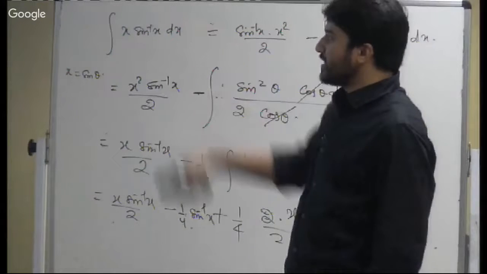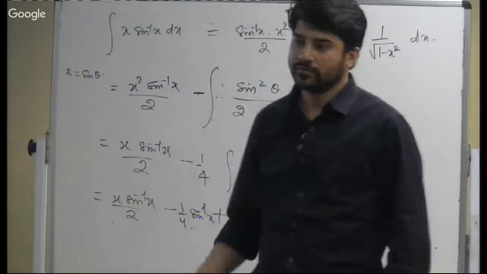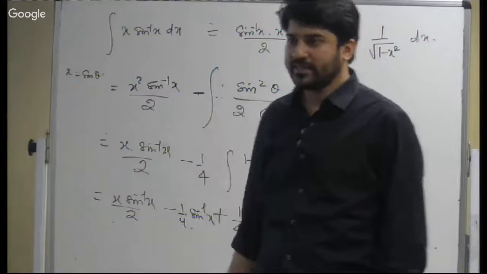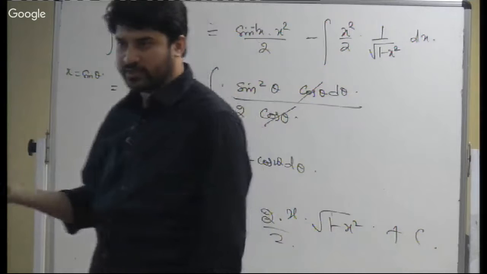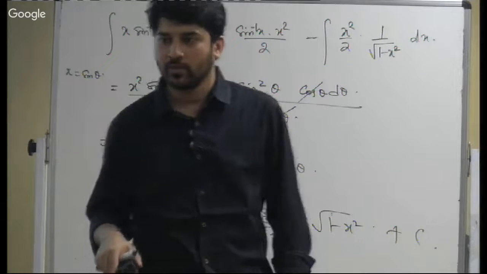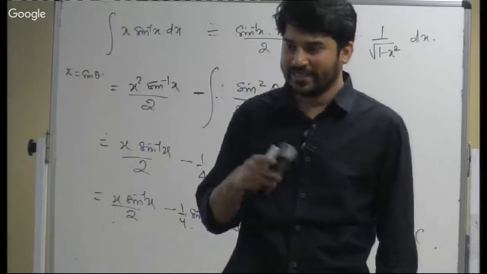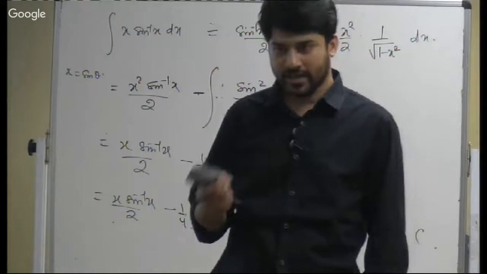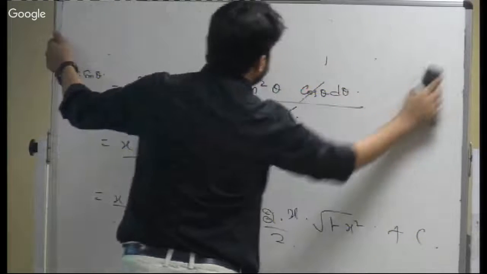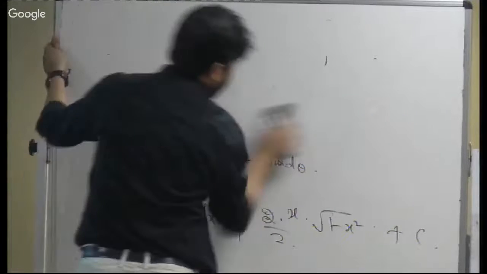Now, how to go for sec cube x dx? I see a function sec cube, and then I don't see any other function. But in sec cube, I see two functions. One is very easily integrable, sec square x. So I can break that into sec square x into sec x. And which one should be taken as the first part?